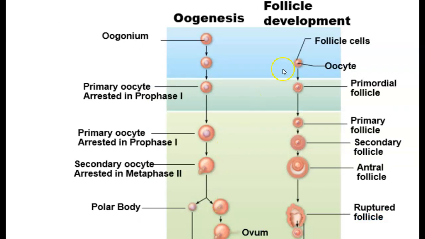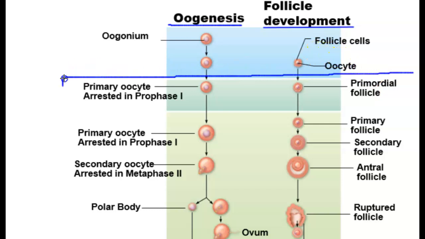So that's a little bit of lab review in addition to kind of incorporating the follicle. But I think it's kind of nice to go through what happens now simultaneously with the oocyte in oogenesis and with the follicle in folliculogenesis. So this is a primordial follicle that contains a primary oocyte that's been arrested in prophase 1.